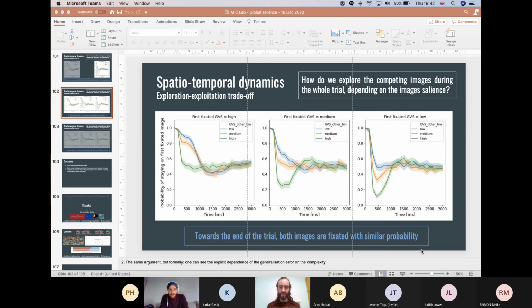I'm wondering what the reaction times look like for the tasks, in the sense that if their task ends around the time that they stop exploring and start exploiting, if the reaction times tend to be around, let's say, that 1,000 to 1,500 millisecond mark, then you would expect their fixations to come back to chance because the task part is over. So I'm wondering to what extent their reaction times for the task are correlated with this trend.